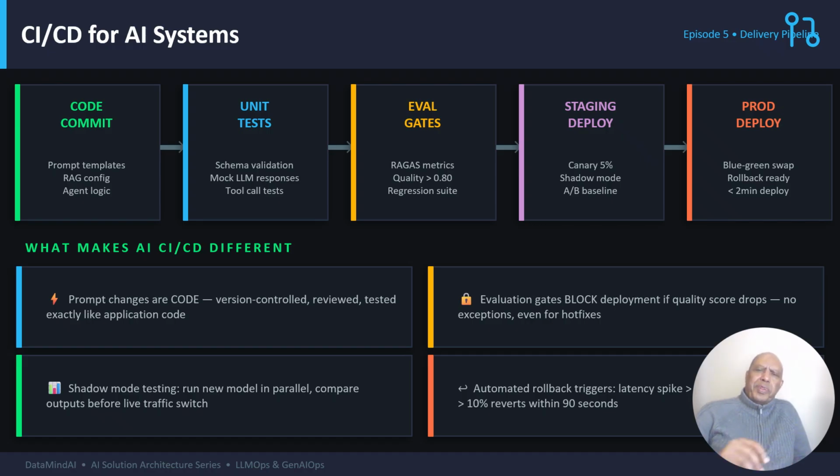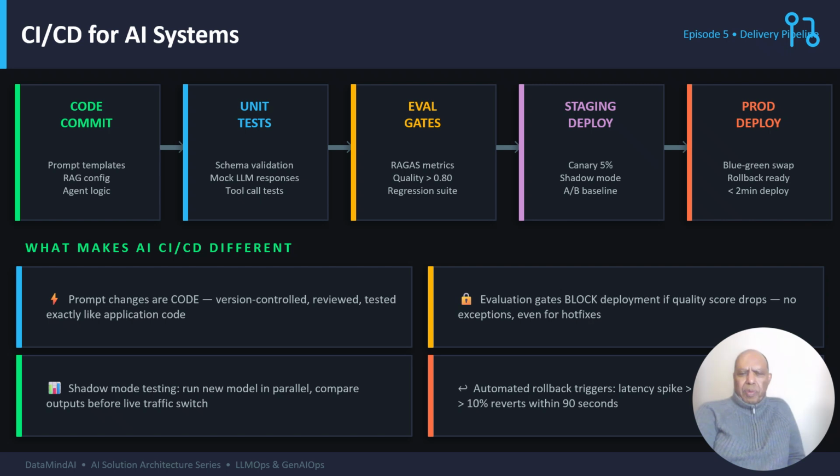Staging is like 5% canary. Shadow mode means the old model handles real traffic, but the new model processes the same inputs in parallel for comparison. No user impact, real production data. So in the prod blue-green deployment, you maintain the old version running until the new one is verified healthy.